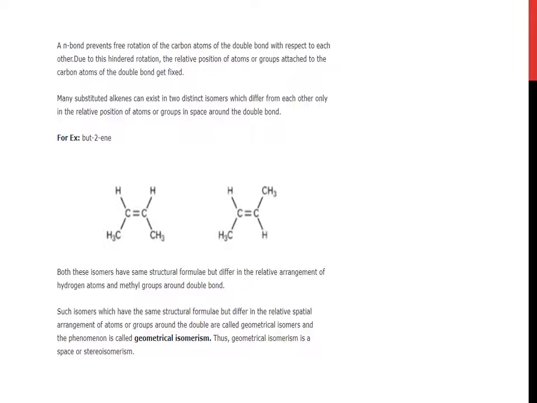Such isomers, which have the same structural formula but differ in the relative spatial arrangement, spatial meaning in three-dimensional space, of atoms or groups around the double bond are called geometrical isomers, and the phenomenon is called geometrical isomerism. Thus, geometrical isomerism is a space or stereo isomerism.